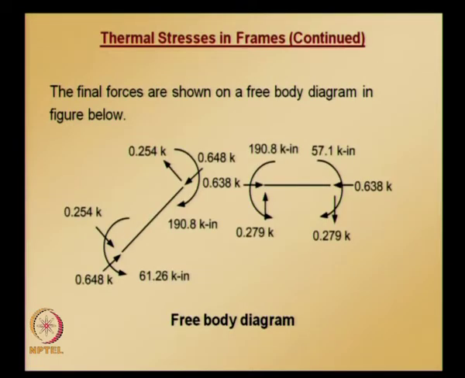It can be easily verified that indeed each element itself is in equilibrium, and also both elements put together, the entire structure is in equilibrium, which is necessary for the solution to be correct.